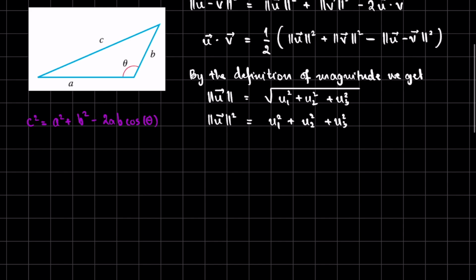Similarly, the magnitude of vector v squared is v1 squared plus v2 squared plus v3 squared.